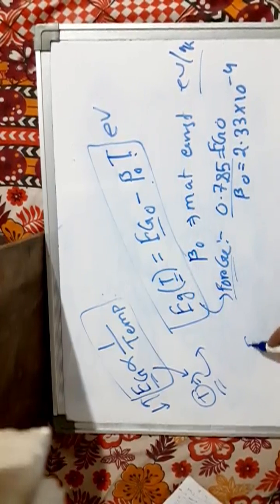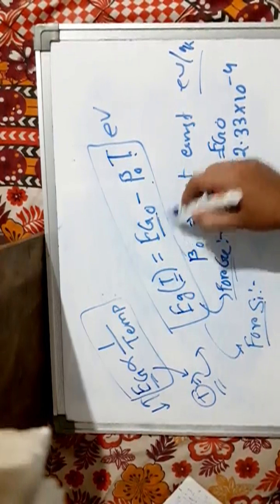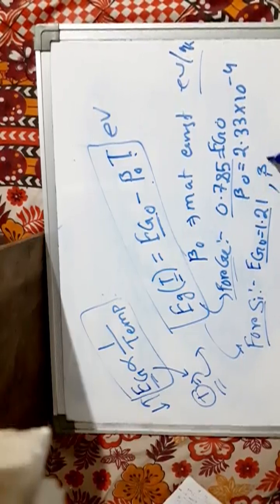And for silicon, the energy gap value at 0 Kelvin equals 1.21, and the beta value equals 3.6 into 10 to the power minus 4.